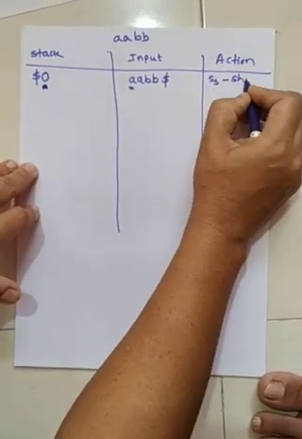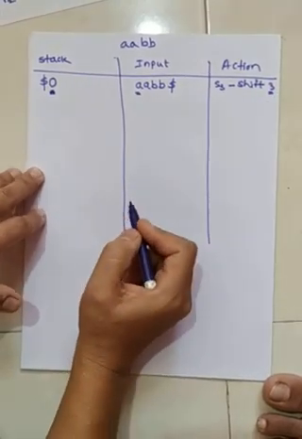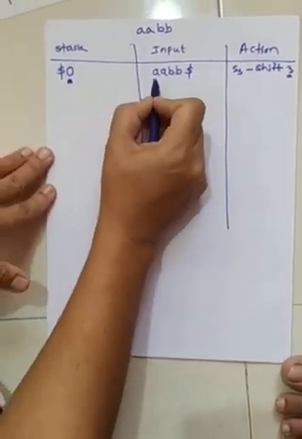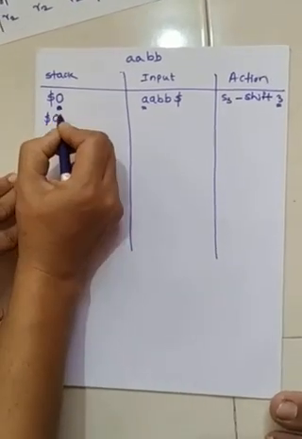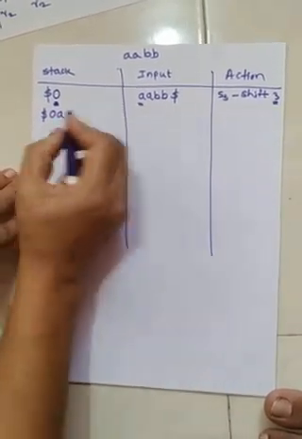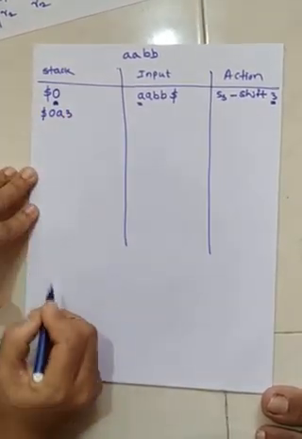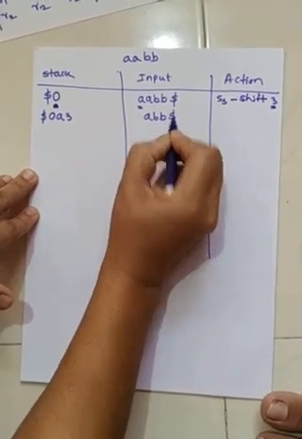That means shift action and go to state number 3. So shift action means this A will get shifted here. So we have dollar, state 0, this A is shifted and go to state 3. So go to state number 3 as it is. Now the input will be as it is here.